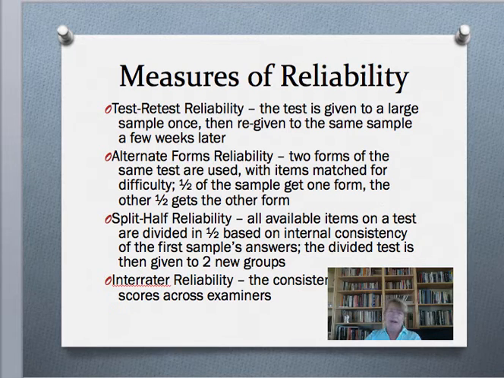Just to give you an example, if I were to design a test that was looking at your vocabulary knowledge, and the idea of the test was to have you point to the picture of a word that I give you. So I might put 4 pictures on a page, and let's say there's a horse, a dog, a cat, and a goat, and I ask you to point to the picture of the cat on Form A of my test. So that's a certain level of ability.